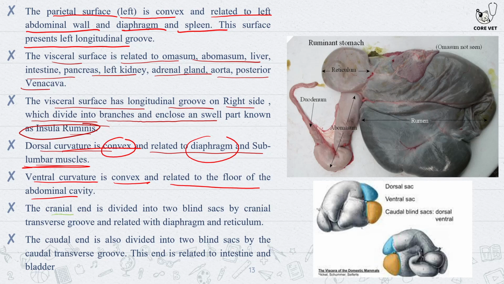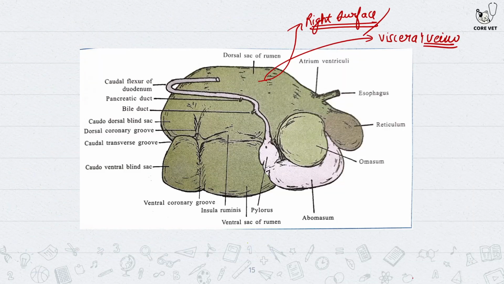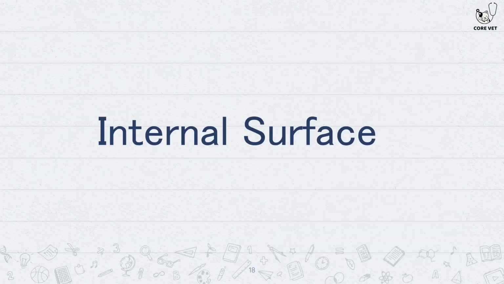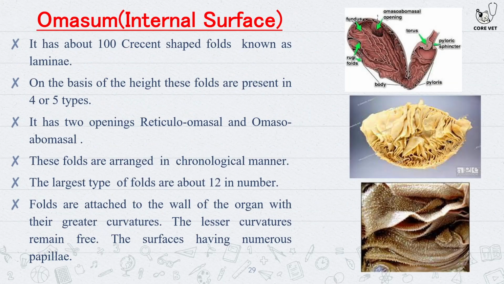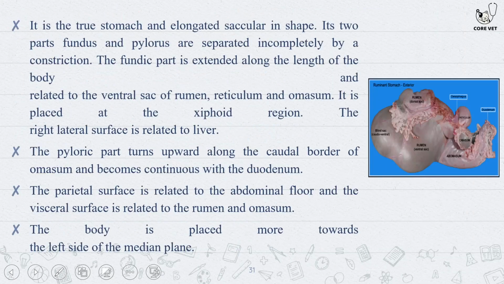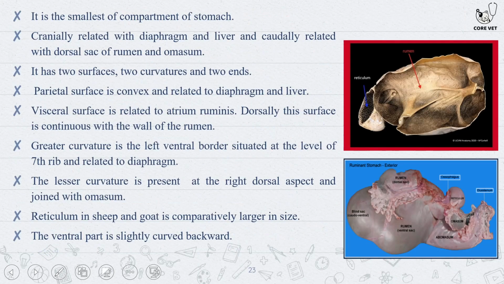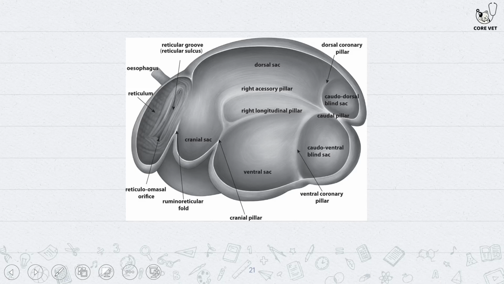Now the cranial end is divided into two blind sacs by the cranial transverse groove, related with the diaphragm and the reticulum, for which I will show you an image. Wait a second. Yeah, here. See, this is the cranial end of the rumen. This is the dorsal surface.